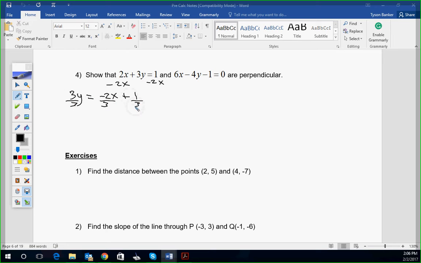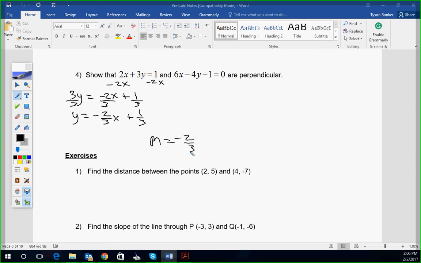Again, we really don't care about the constant right now because we're only looking at the slopes. So the first one's slope is negative 2 thirds. If the next one is perpendicular, we should get what for its slope? 3 over 2, right? Flip it, switch it. So we should get 3 over 2 and a positive.